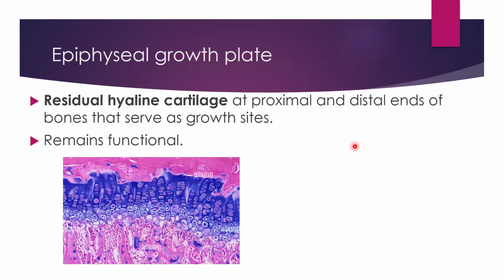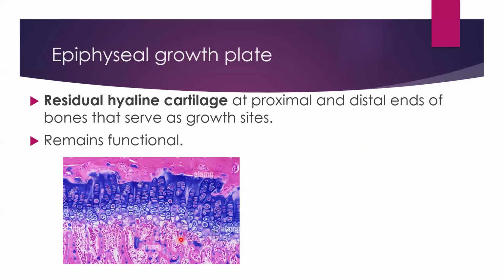So we talked about the physeal growth plate, the epiphyseal growth plate. The epiphyseal growth plate is a residual hyaline cartilage that is found on the proximal and distal end of bones. So we can appreciate this is the histological nature of bone, and this is the epiphyseal growth plate, the residual hyaline cartilage.